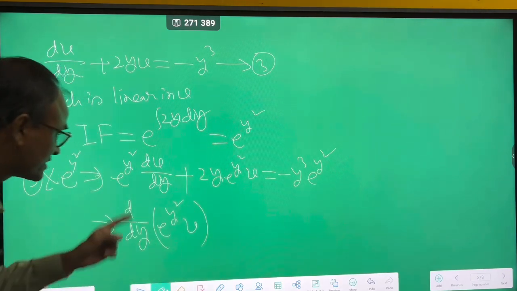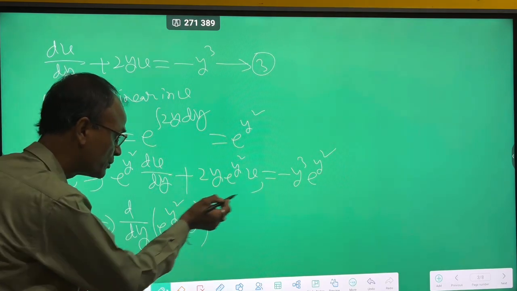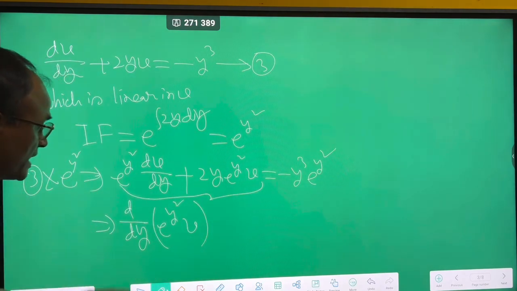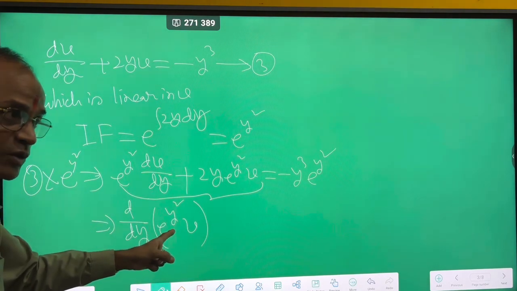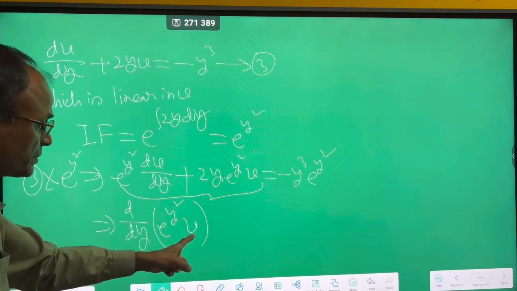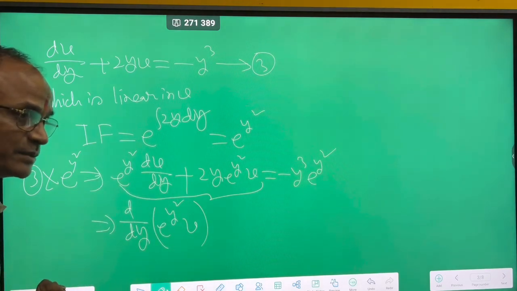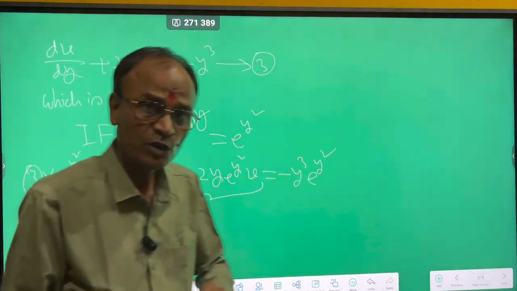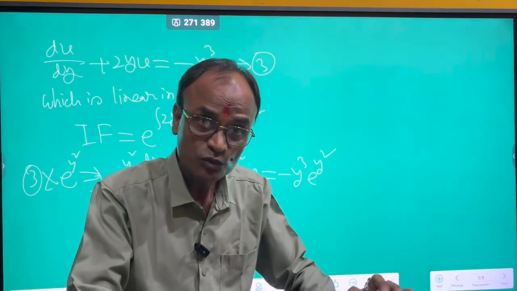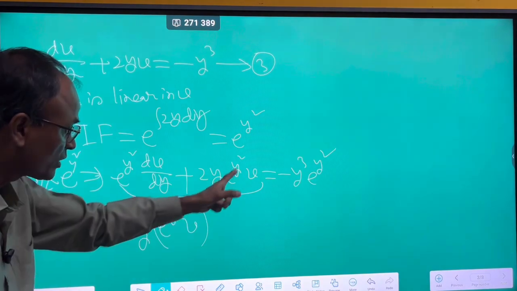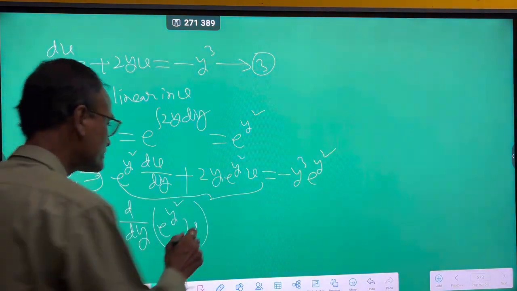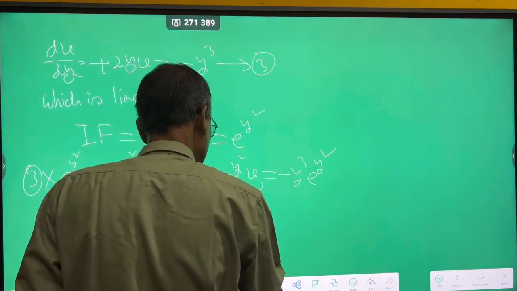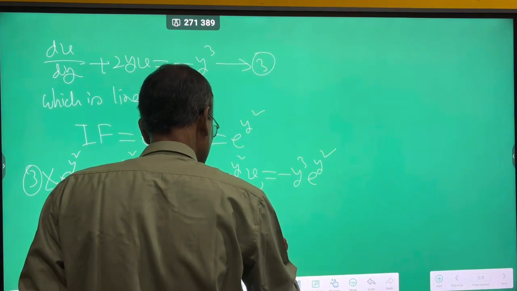You may write like this for these two terms, because first function e to the power y square, the differentiation of the second function is dv by dy, plus second function v. What is the differentiation of e to the power y square? E to the power y square into twice y. This is equal to minus y cube e to the power y square.